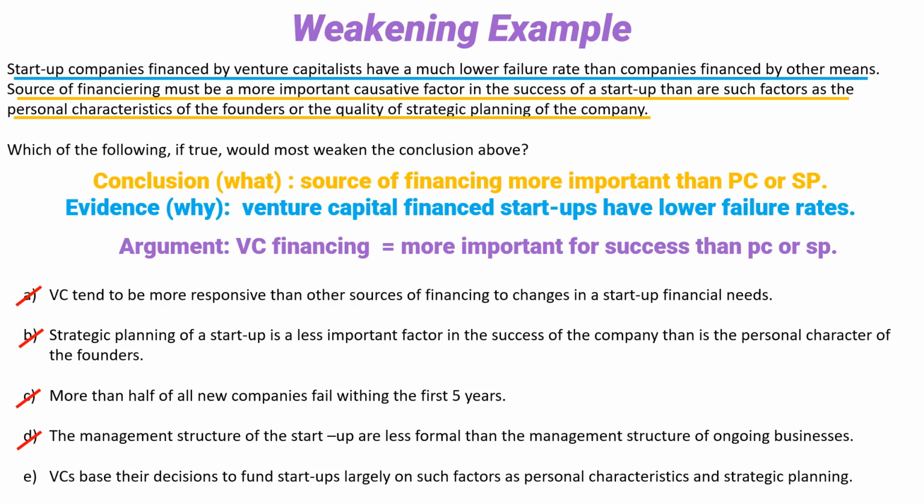In other words, it's not the VC financing that makes them successful, it's that you don't get the VC financing unless you have excellent personal characteristics and high quality strategic planning. E is the right answer.